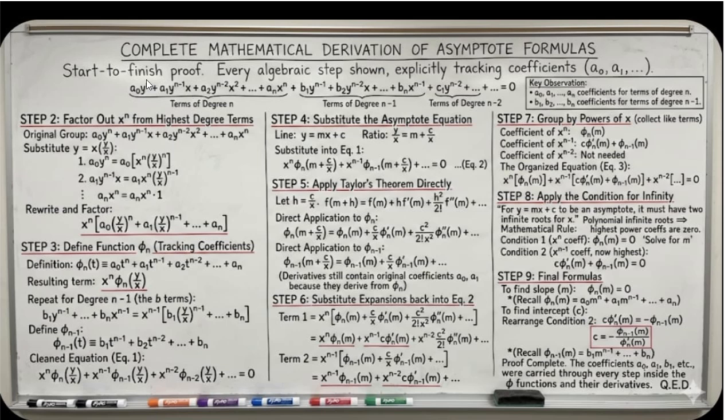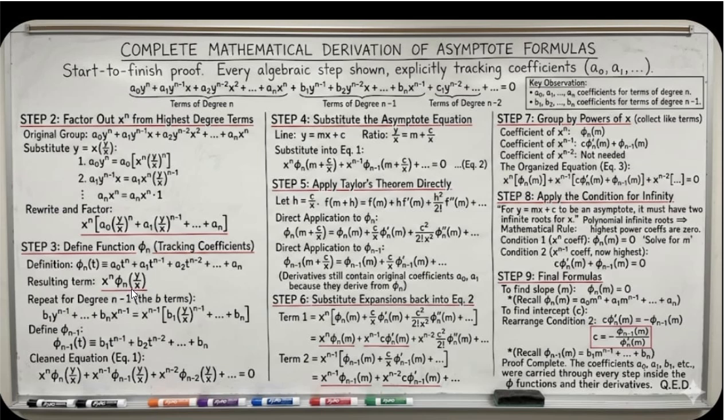We take the equation of the curve and the original group of highest degree n. If you take x raised to n common, the remaining terms in the bracket can be written in terms of y by x. Now this can be written as a0 (y by x) raised to n plus a1 (y by x) raised to n minus 1 and so on up to an, which is equal to phi n of y by x.